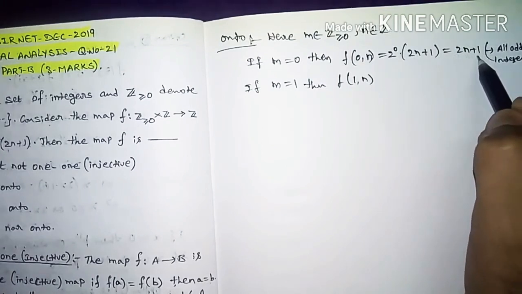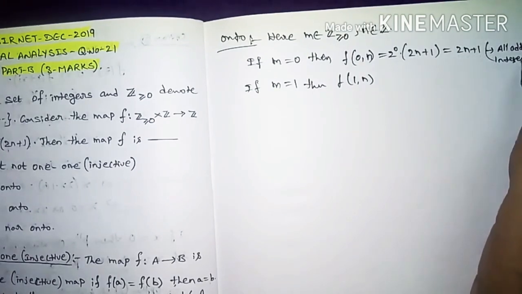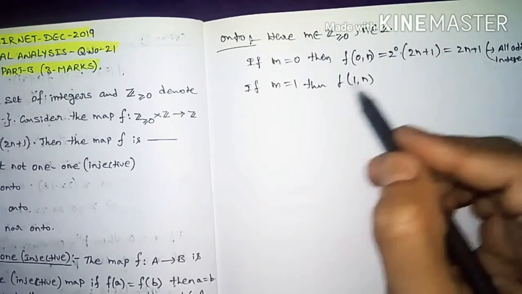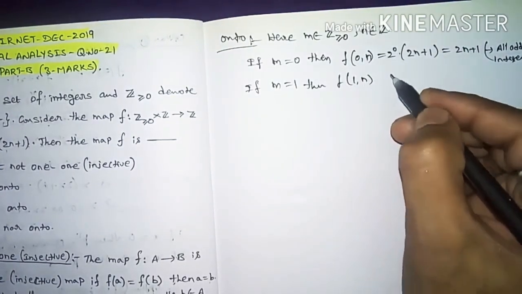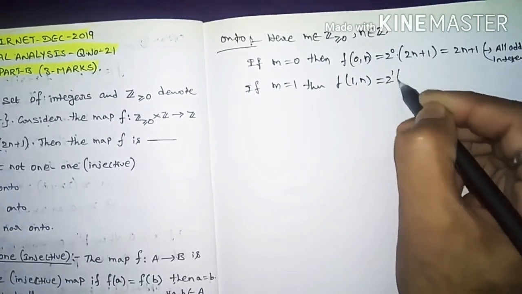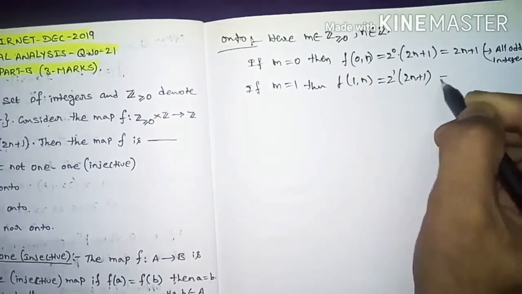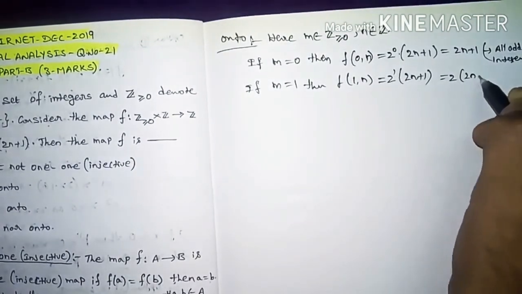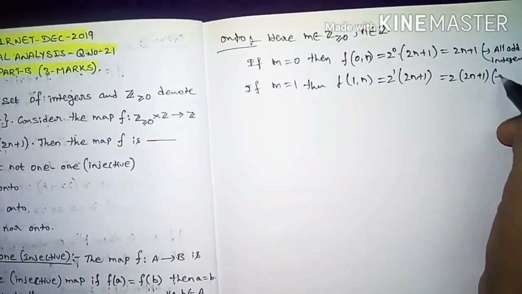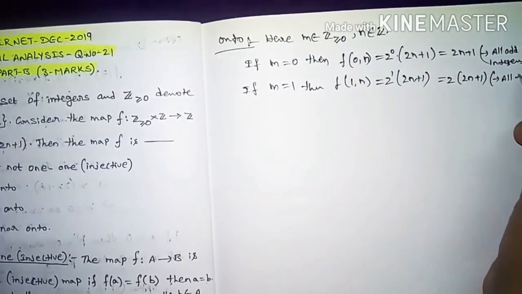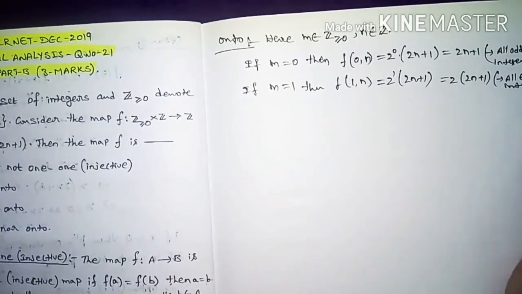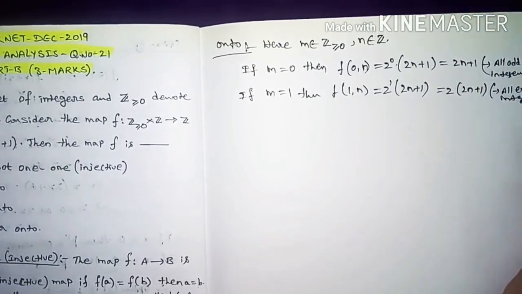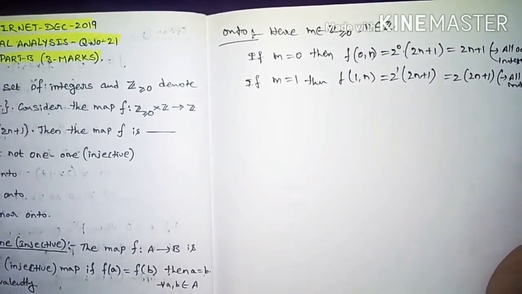So here 2n plus 1 represents all odd integers. If m is equal to 1, then f(1, n) is equal to 2 power 1 into (2n plus 1), which is equal to 2 into (2n plus 1). So it represents all even integers.